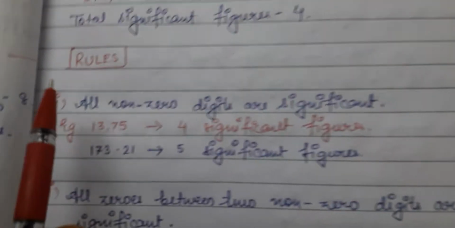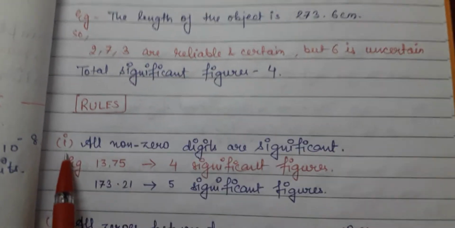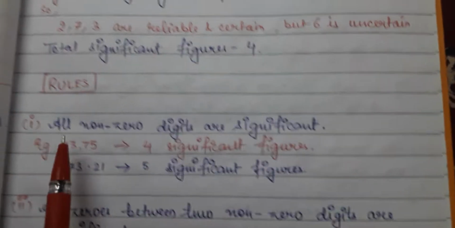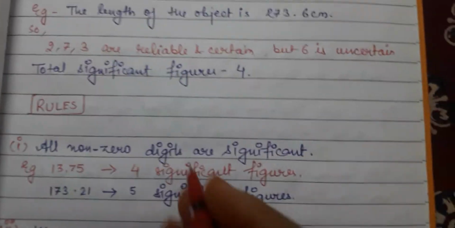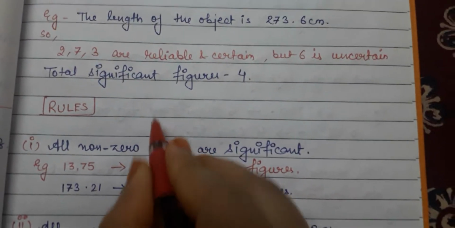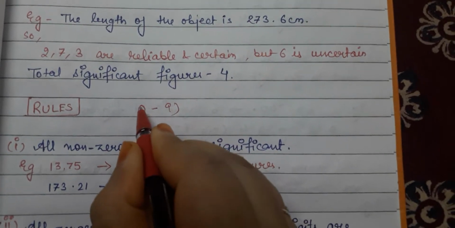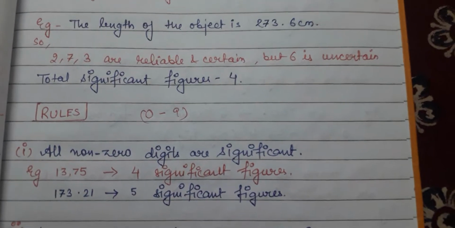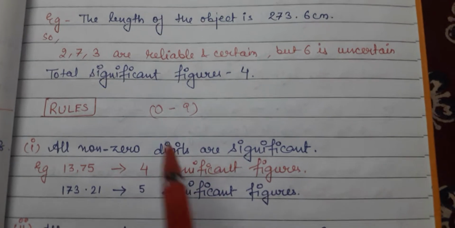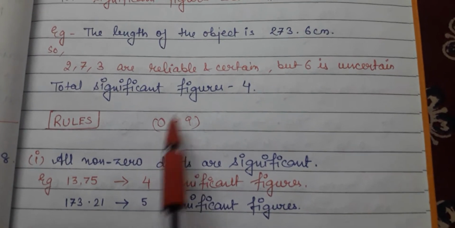Okay, so rule number 1, first of all always remember, we have to take into consideration the numbers which are from 0 to 9. Okay, 0 1 2 3 4 like this. These rules are based on the digits from 0 to 9.